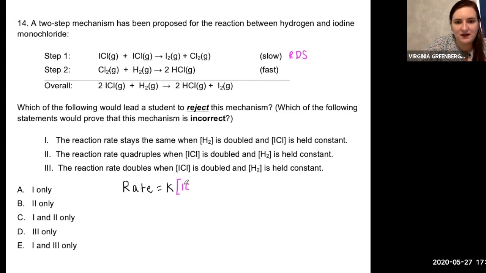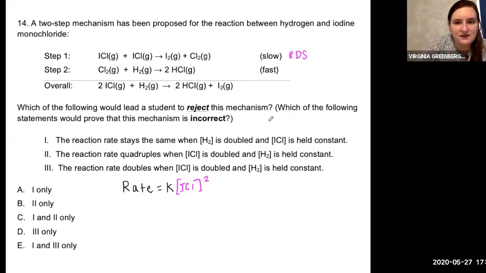So here we have ICl to the power of 1 times ICl to the power of 1. So I'm going to say ICl squared. And so only changing the concentration of ICl should change the rate.